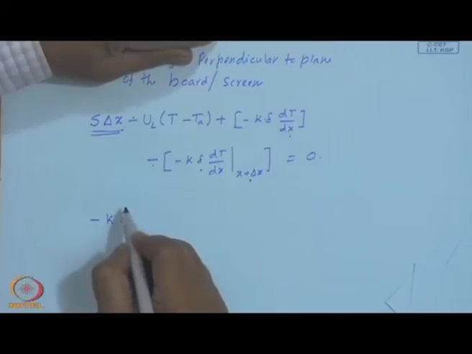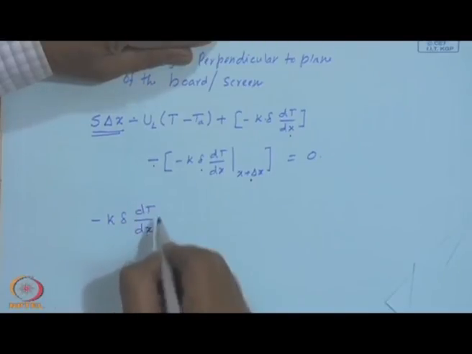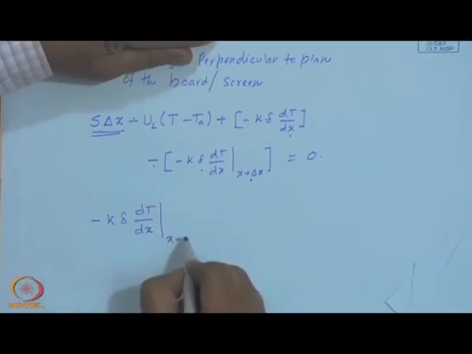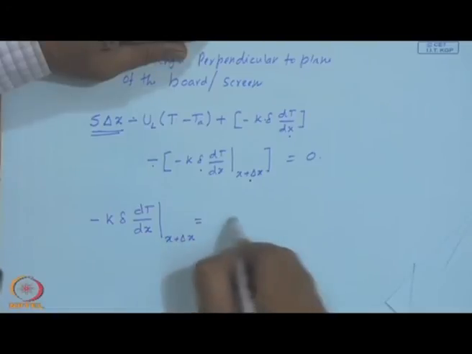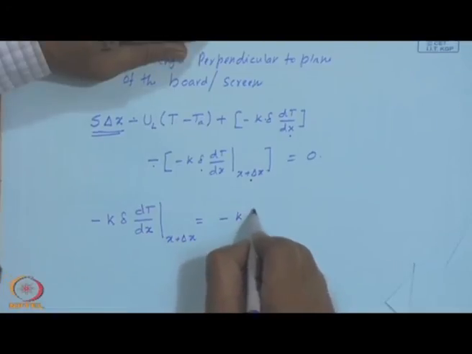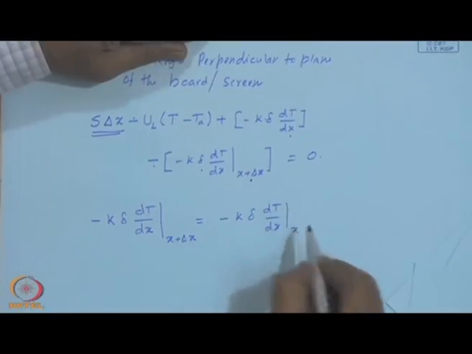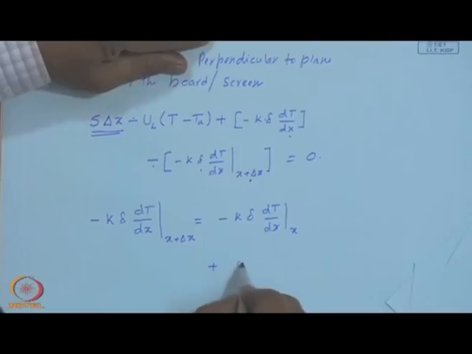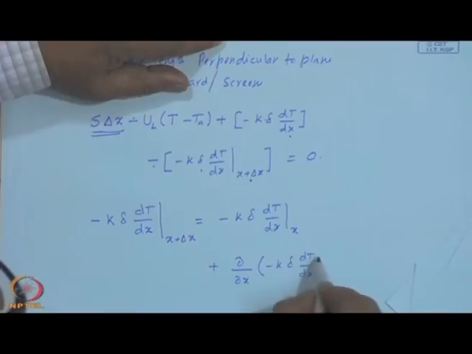Minus k delta dT/dx at x plus delta x is equal to minus k delta dT/dx at x plus d/dx of (minus k delta dT/dx) into delta x.